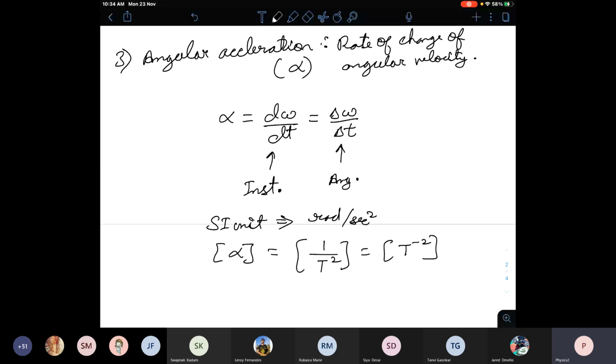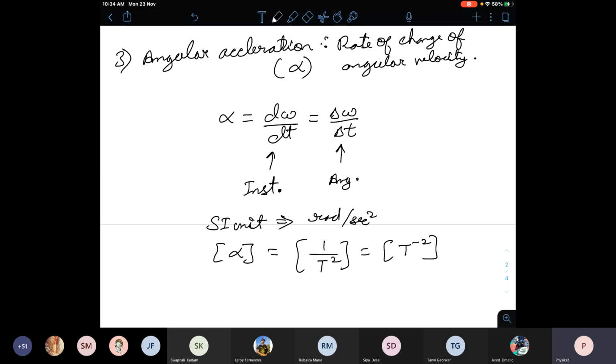In this also, a similar thing happens. The angular analogy of force is torque, so in whichever direction torque is, angular acceleration will be in that direction only. The direction of acceleration is independent of the direction of angular velocity. It can be in any direction.